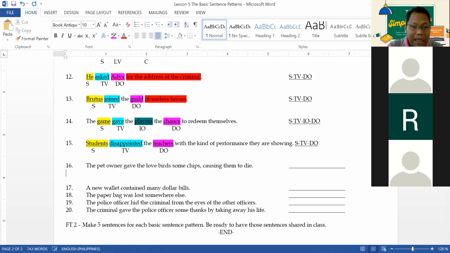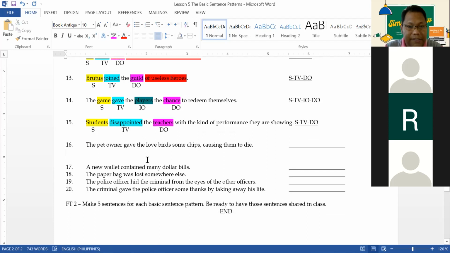16. The pet owner gave the lovebirds some chips, causing them to die. If you underlined owner, it's fine. If you underline pet owner, that's also fine. I'll just underline both. It's our subject. Gave is our verb. And gave what? Chips. Or some chips. Okay, if you want to include some, it's fine.